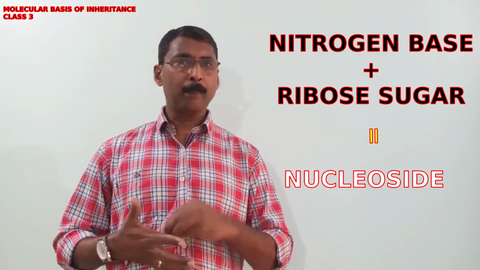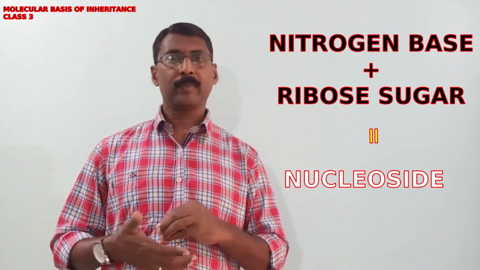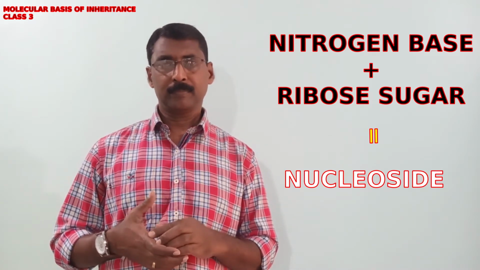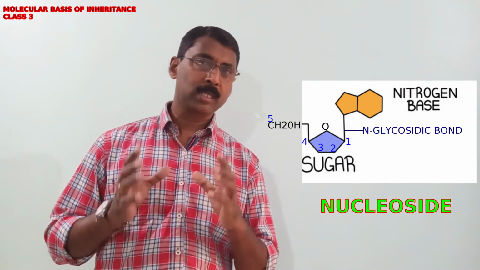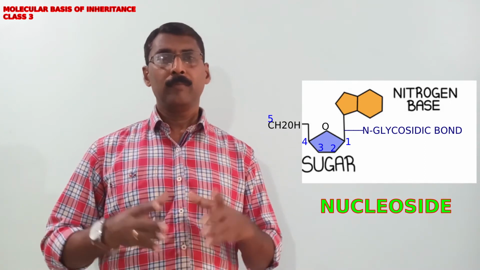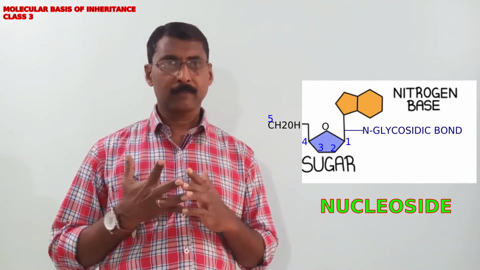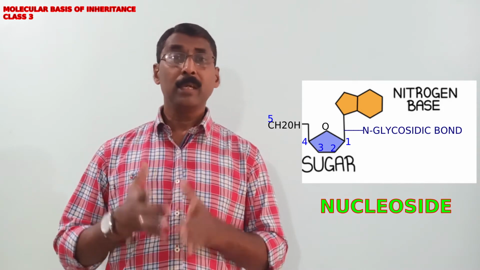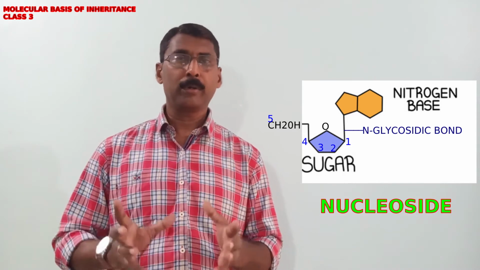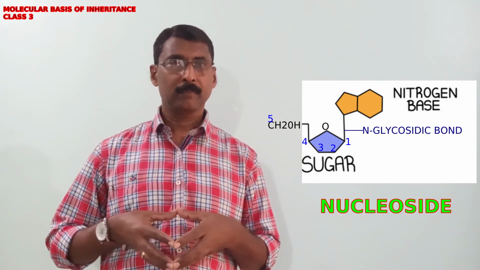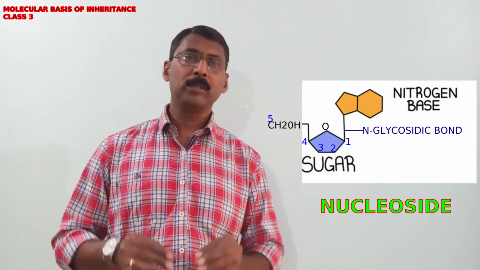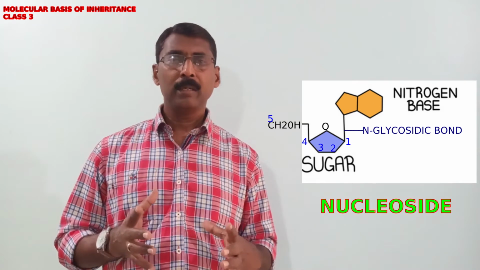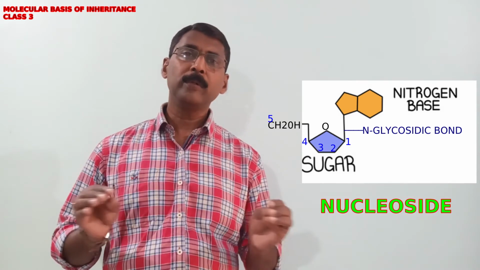A nitrogen base combines with the sugar at the first carbon atom of the deoxyribose sugar with a chemical bond called the N-glycosidic bond. So sugar plus nitrogen base is a nucleoside.